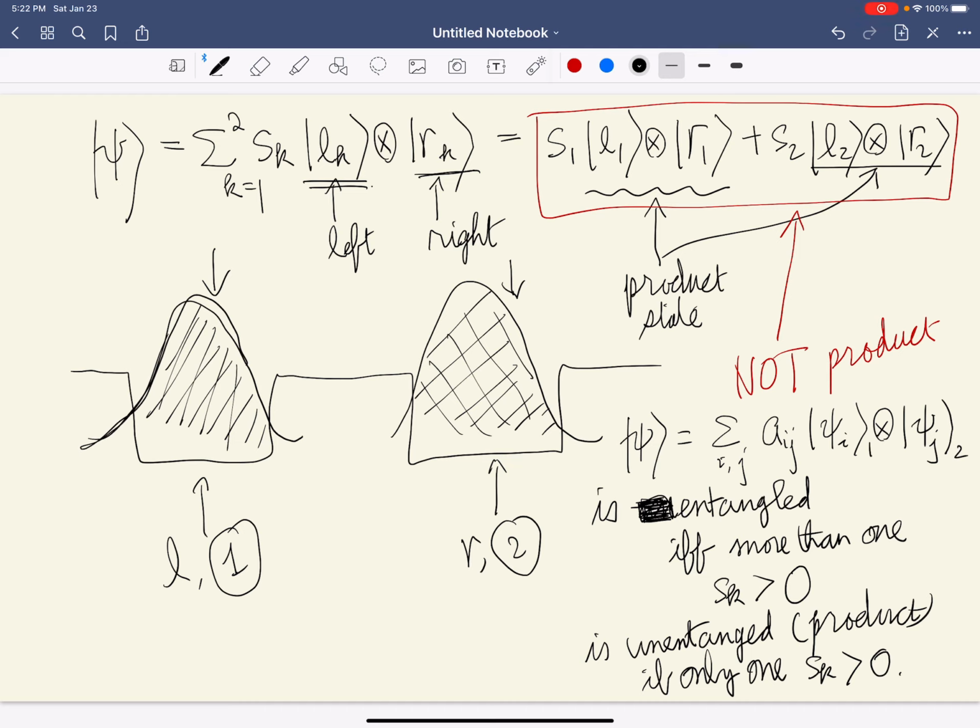Okay, so the point is that if one of these two numbers is non-zero, for example, s1 is non-zero, but s2 is 0, then I can simply delete this portion. Then, of course, what I have over here is just a product state.